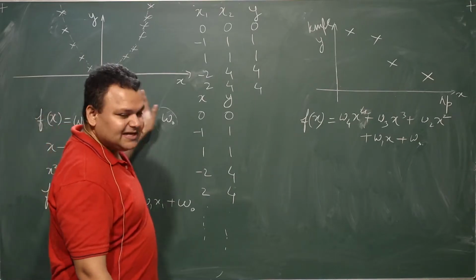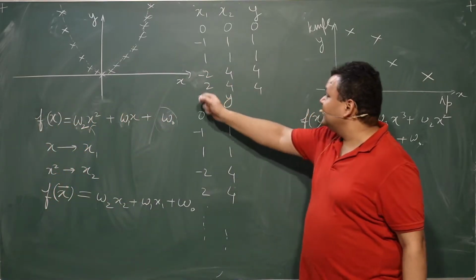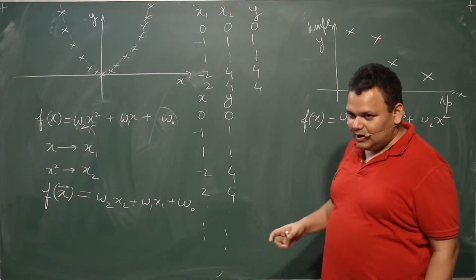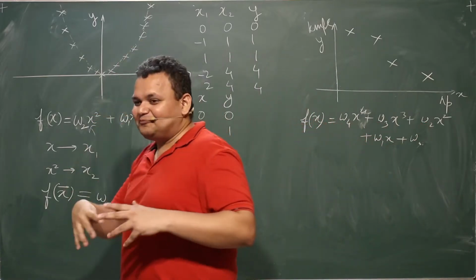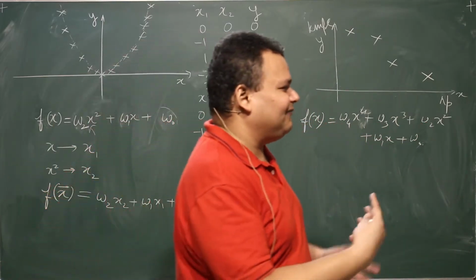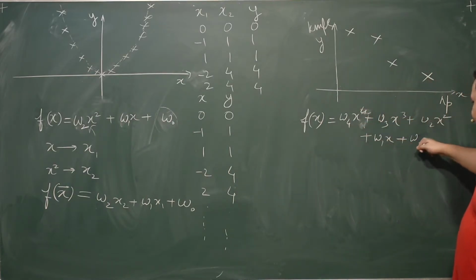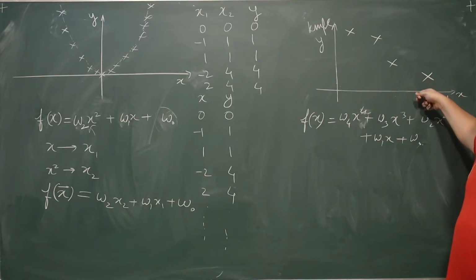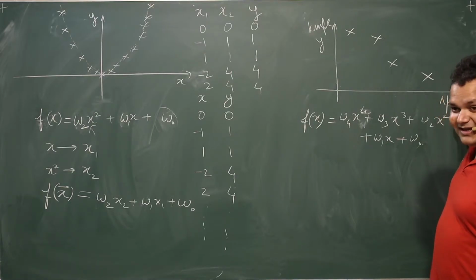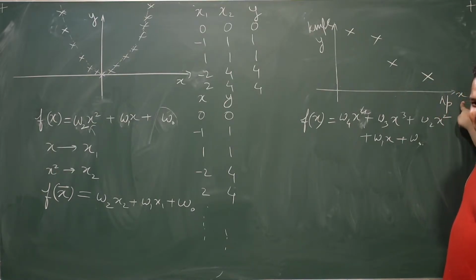Using the exact same technique that we used here, after I have transformed my features, how many features do I initially have here? One feature.